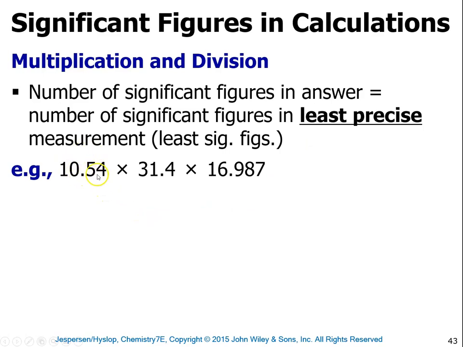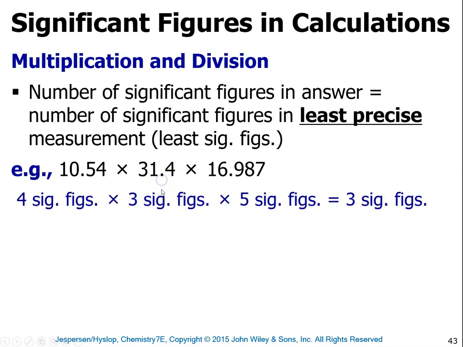If I take 10.54, which has 4 significant figures, times 31.4, which has 3, times 16.987, which has 5, your final answer will take the least number of significant figures. It should be expressed in 3 significant figures, because that is the least precise component of the equation.